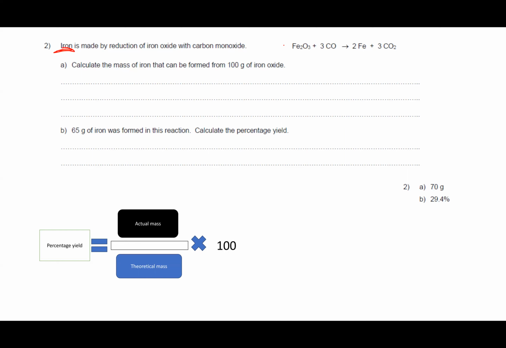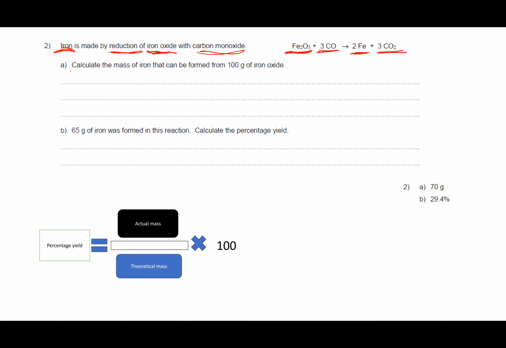So iron, Fe, is made by the reduction, which means removal of oxygen, so reduction of iron oxide with carbon monoxide. Let's read that again. It means that iron is produced on its own by the reduction of iron oxide. So I'm removing oxygen when I react it with carbon monoxide, which is over here. And another product would be carbon dioxide as a result.